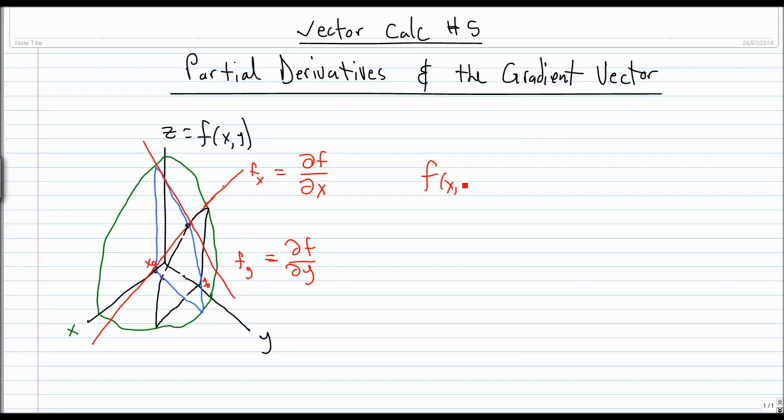If we had f of x, y equal to x squared y plus y squared x cubed, then the derivative of f with respect to x, we're taking the derivative of this with respect to x. y is just a constant number. So if we take the derivative of this term here, we'd have 2x, and if we were taking the derivative of 4x squared, then the derivative of that would be 8x, right?